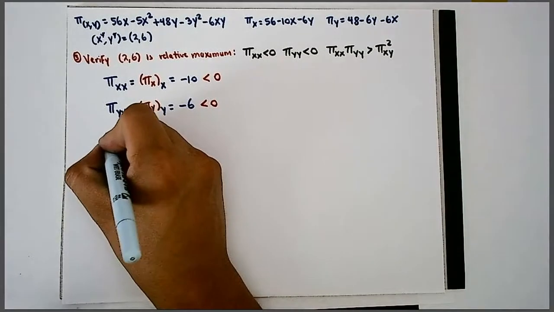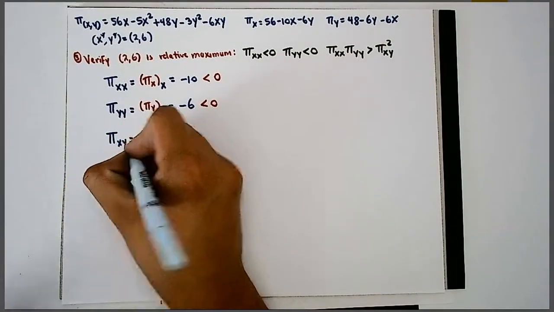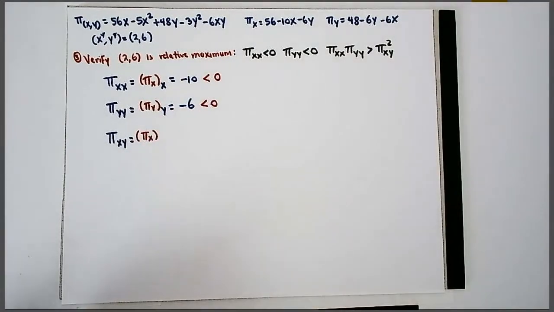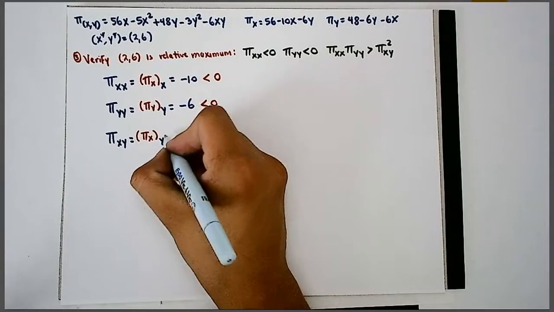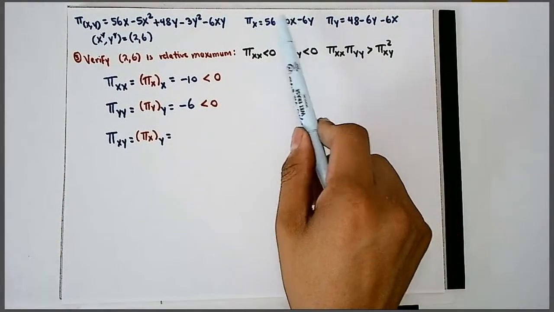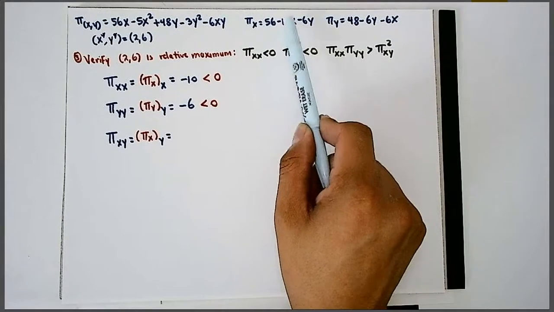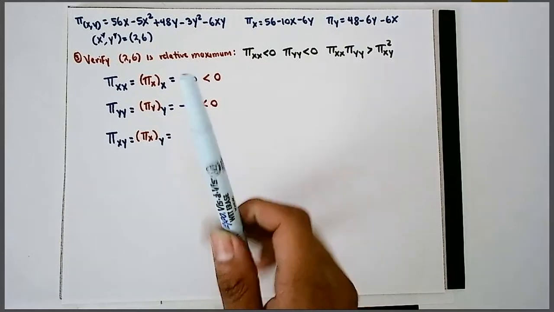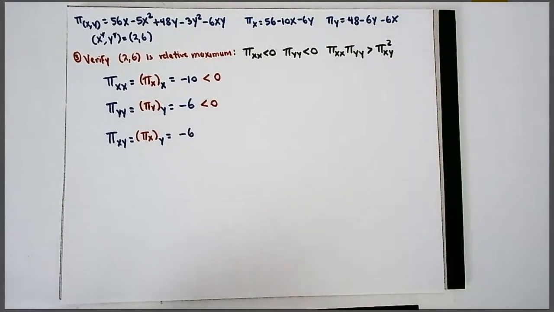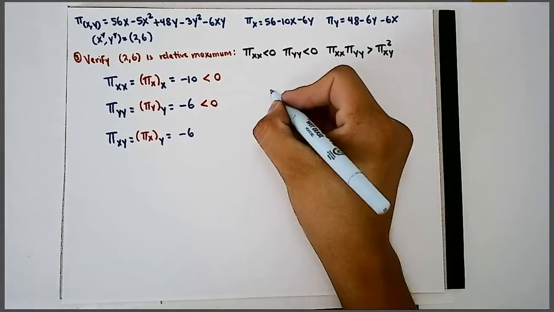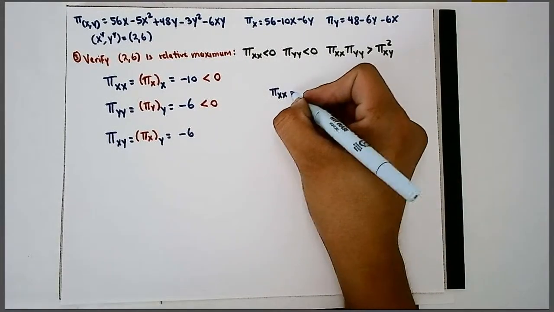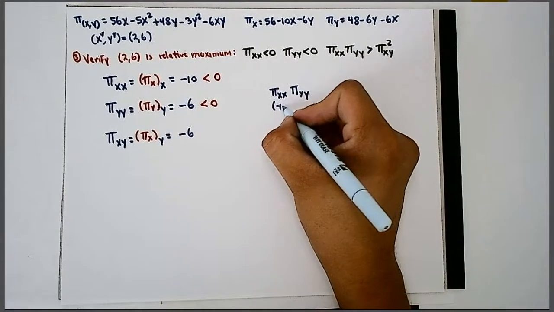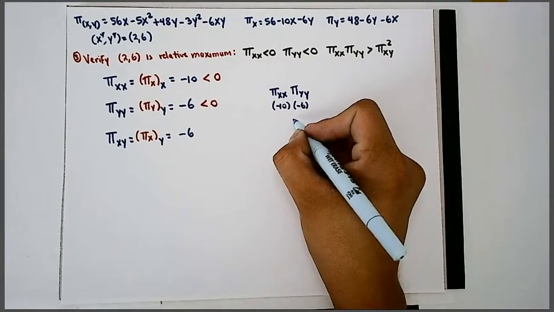Now we need the cross partial. The cross partial, we can obtain it as the derivative of pi x with respect to y. Here, the first two terms do not contain y, so the derivative is 0. And then the derivative of minus 6y with respect to y is minus 6. And now, let's multiply pi xx times pi yy. So this is minus 10 times minus 6, this is 60.